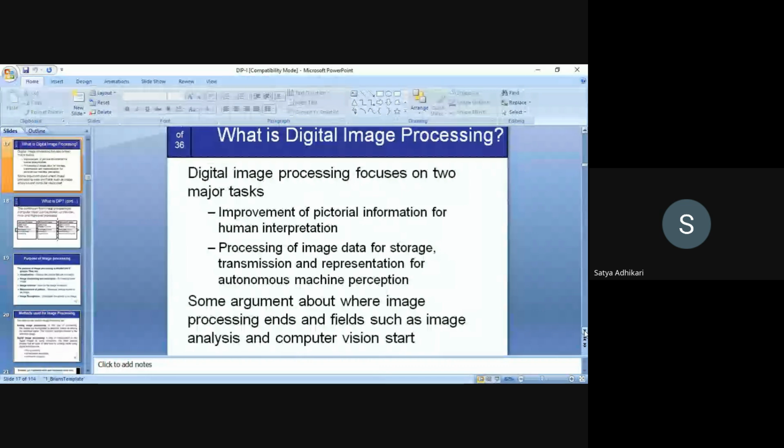क्यों चाहिए? Why is digital image processing required? क्यों पढ़ेंगे हम DIP? So these are the requirements. Improvement of pictorial information for human interpretation.